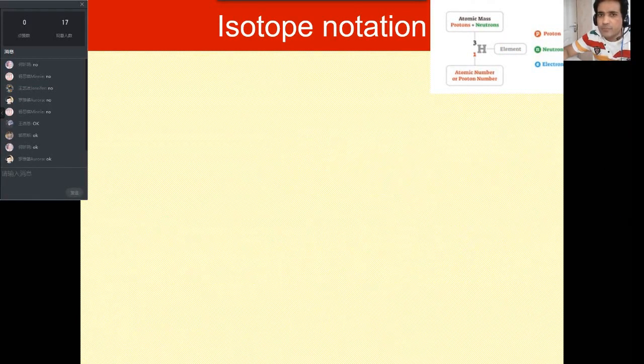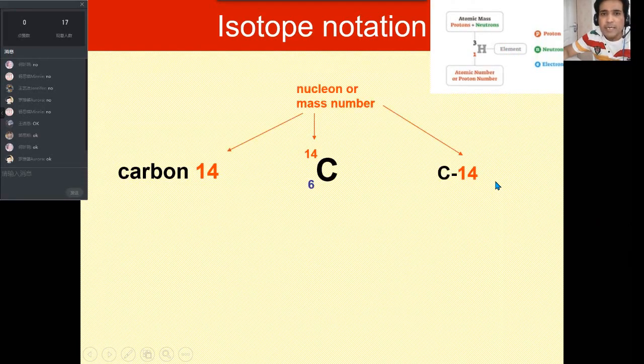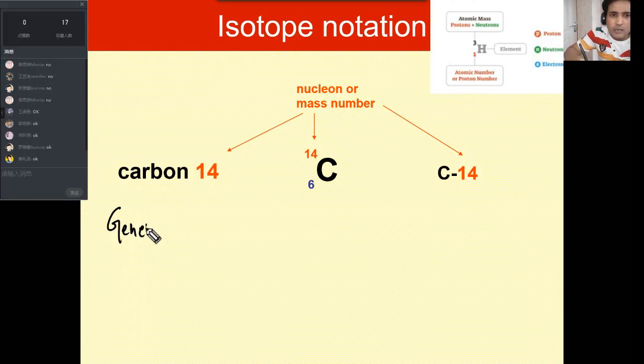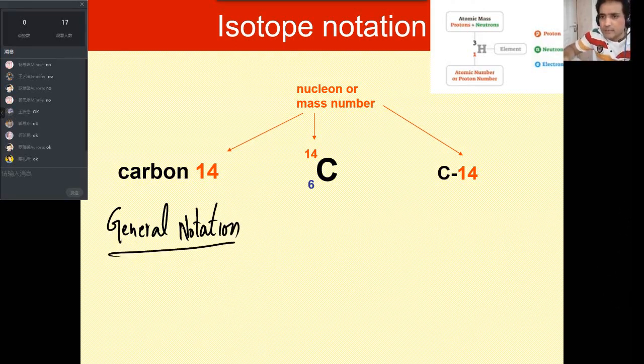Next, we need to understand isotopes, and the symbol. I will write down the general notation. Let's say this is the symbol we use for an element, X, for example.